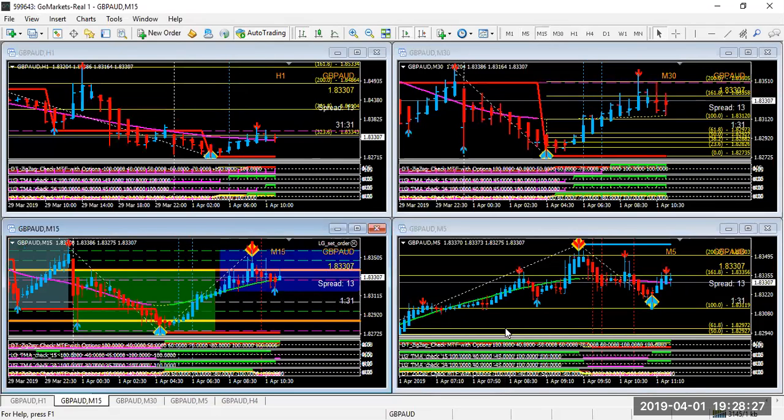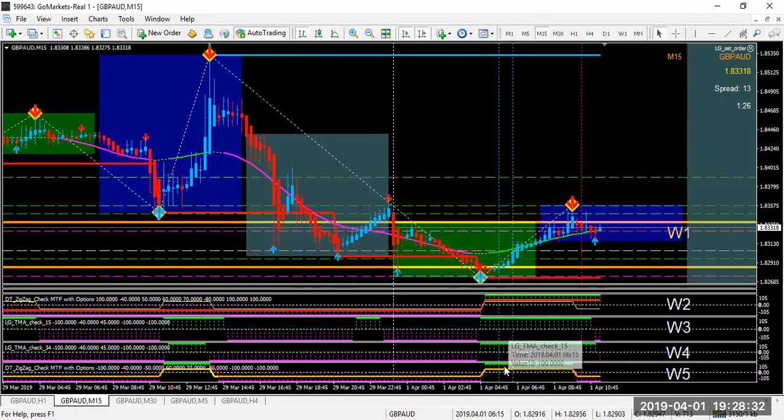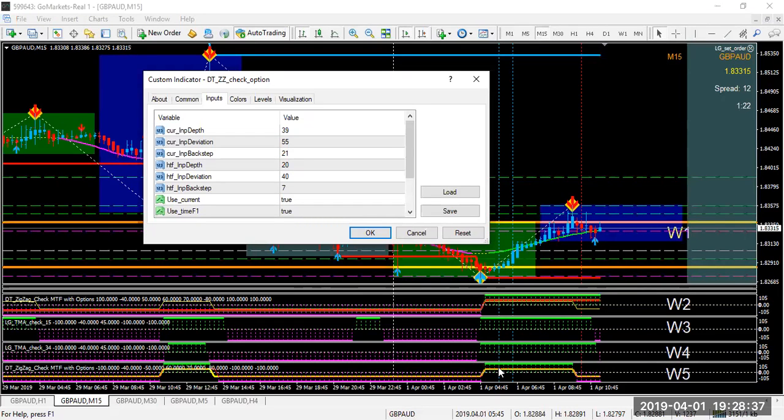Request for window 5. Window 5 is probably a little different setting than what you have. Mainly, as I'm tweaking a supervisor indicator, I need to adjust and tune it to the market that it's going to be performing in.